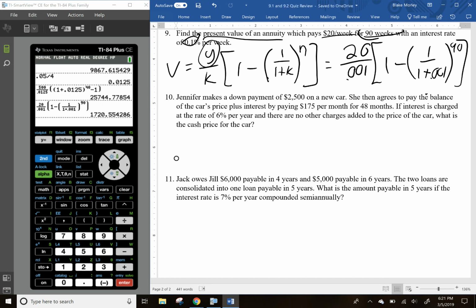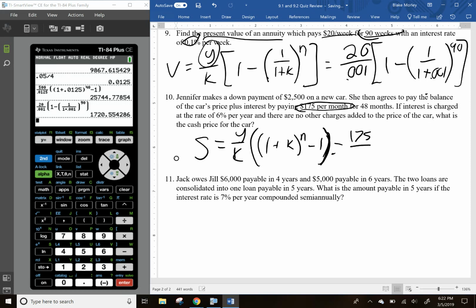All right, so basically, it's an annuity because we're paying a certain amount every month. So when you talk about payments, again, you know you're dealing with an annuity, and our annuity formula is S equals Y over K, 1 plus K to the n power minus 1. So if we plug in everything we know, the Y value, our monthly payment amount, is $175.